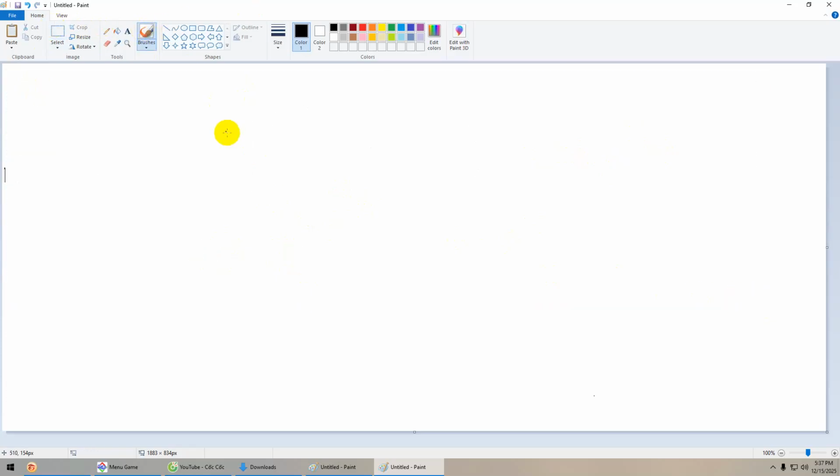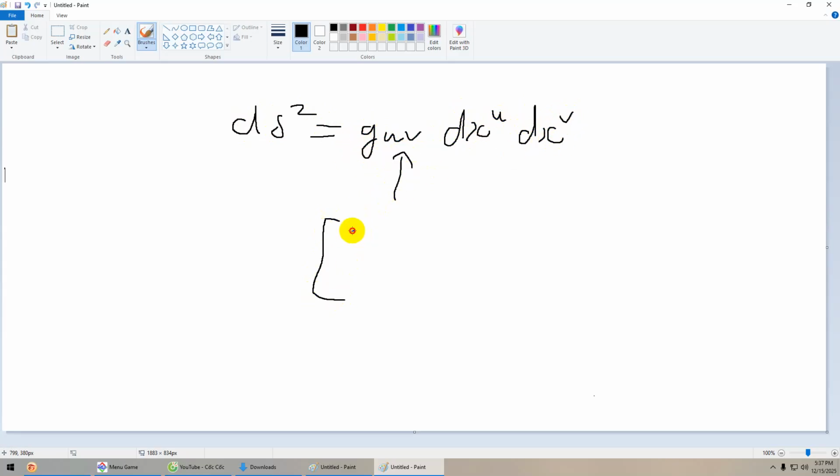So let me show you an equation in general relativity, which is ds squared equal to the metric tensor component g mu nu multiplied by dx mu and dx nu. So this metric tensor is a matrix that looks like this when space-time is Minkowski flat.